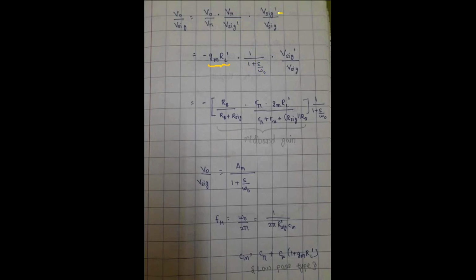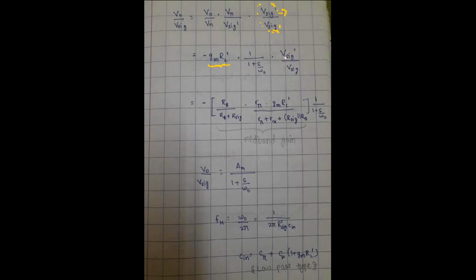And we also know that V signal dash was not our original input voltage. That was taken by reducing the overall circuit with Thevenin's theorem. So to find the whole thing out in terms of our initial V signal, we take V signal dash divided by V signal.